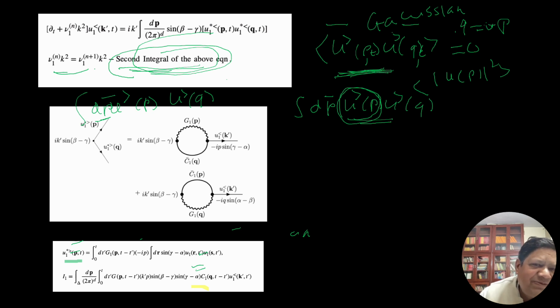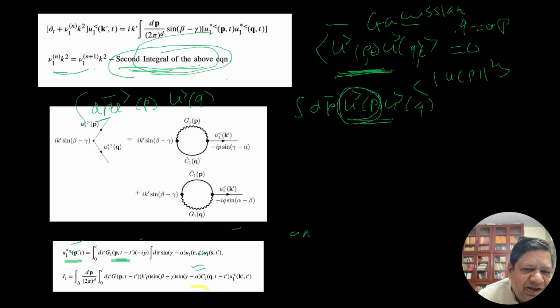Remember the equation will be d by dt of U1 like that. We can write that in terms of Green's function. There is a way to write a differential equation solution in terms of Green's function. So this is the Green's function G_p(t minus t prime).